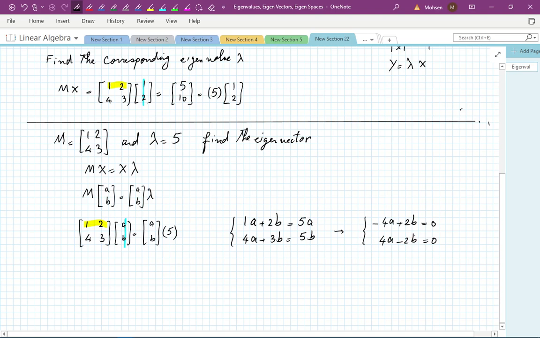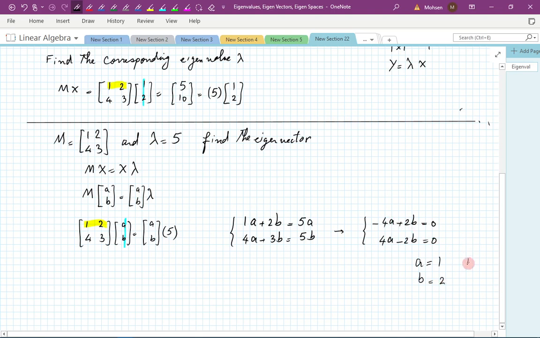That makes it easy for us to actually find a non-trivial solution because we are not forced for a and b to be 0. You have infinitely many choices here. The easiest choice you can pick is a to be 1 and b will be 2. Of course, you could have taken a to be, say, 10 and b will be 20.